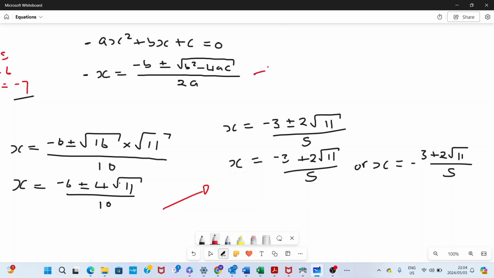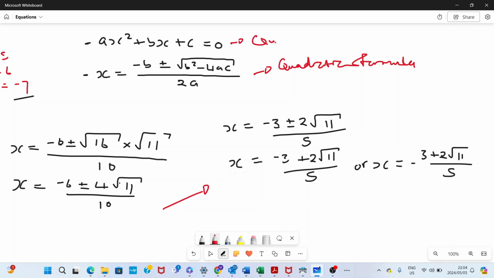We had to use this quadratic formula. This quadratic formula is derived from this quadratic equation.